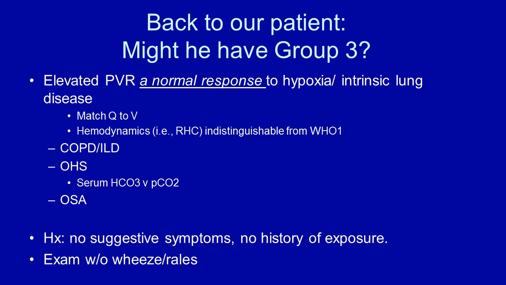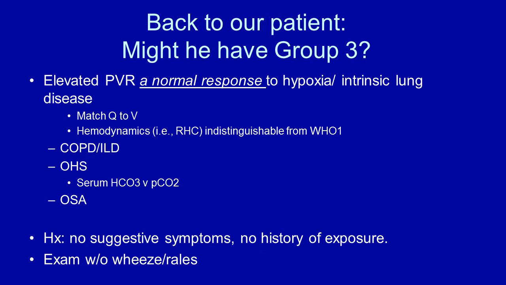It's important to remember that an elevated pulmonary vascular resistance is in fact a normal response to hypoxemia or intrinsic lung disease. Effectively, the pulmonary arterial bed is trying to match blood flow, or Q, to the ventilation. And if you've lost a bunch of functional alveoli or they're hypoxemic, those pulmonary arteries will clamp down to send blood to other more functional units.